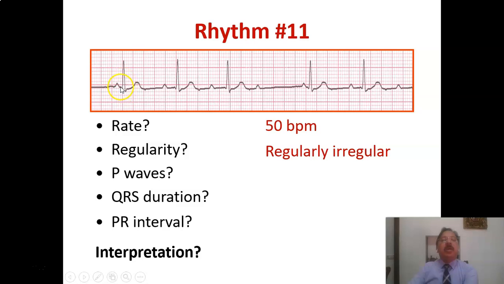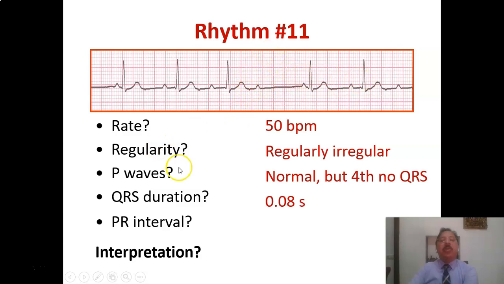But if you see the relationship between the P wave and QRS complexes, some P waves are not followed by QRS complexes. This fourth P wave doesn't have a QRS complex.